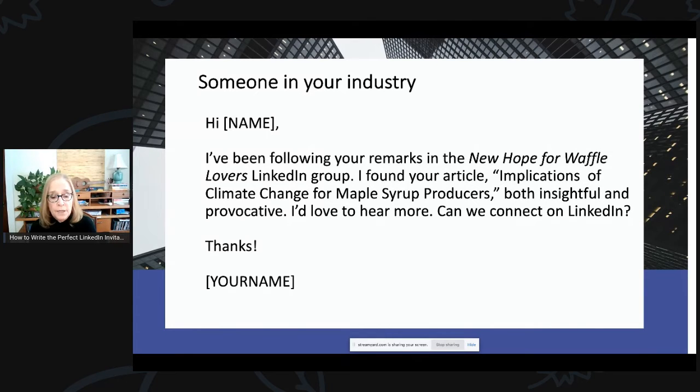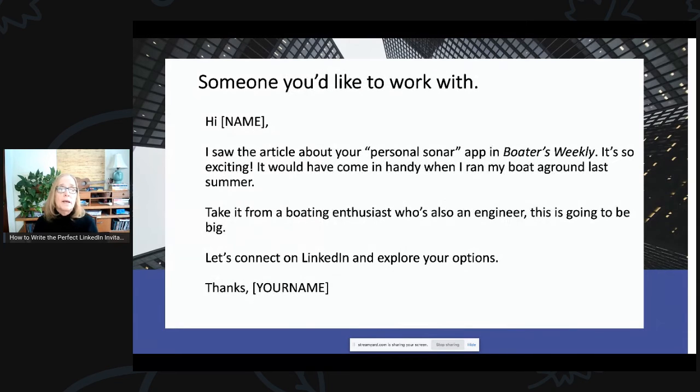It's like having Sales Navigator for free. Okay, now this isn't for one group. This is for all your groups, but you can send out 15 of those invitations to connect a month. So you can also do this with group members. Okay, someone you'd like to work with.